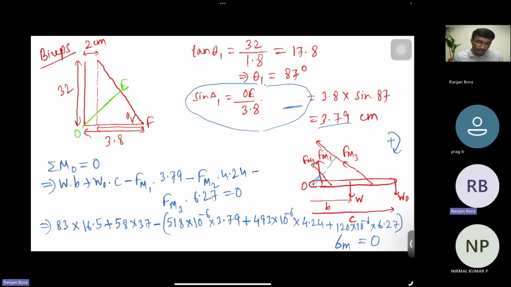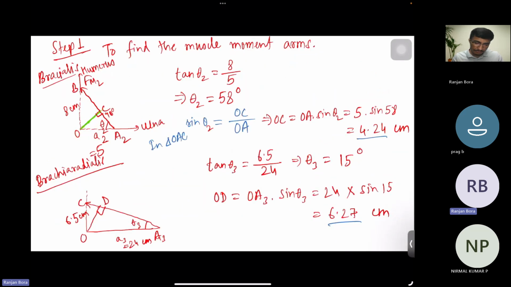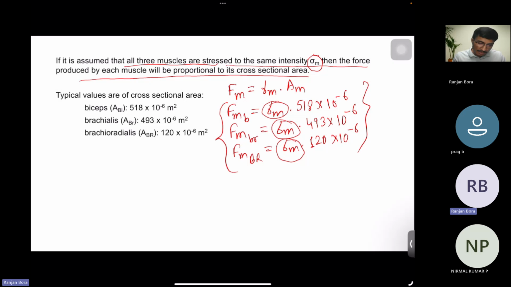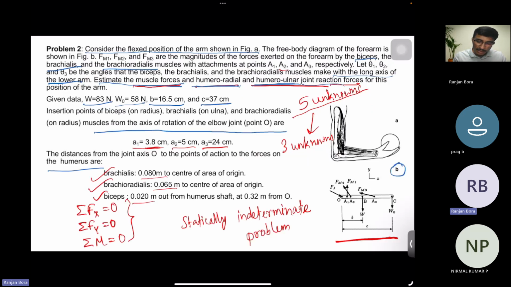So now I will first estimate the humeroradial joint reaction force. You can see, while we estimate the humeroradial force, we'll only consider those muscles whose insertion point is on the radius.